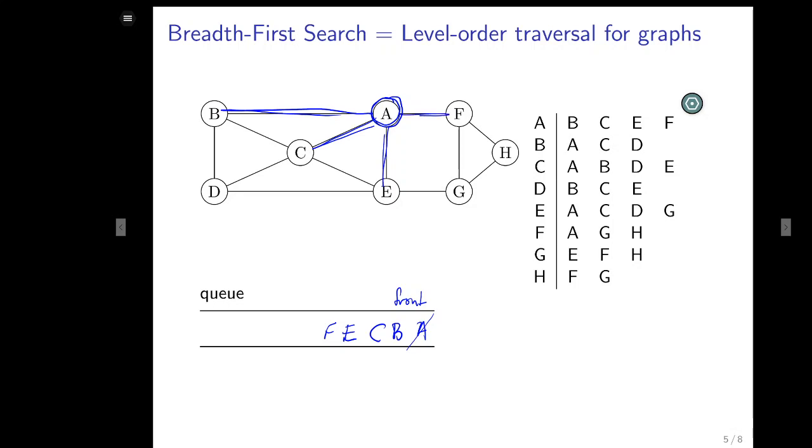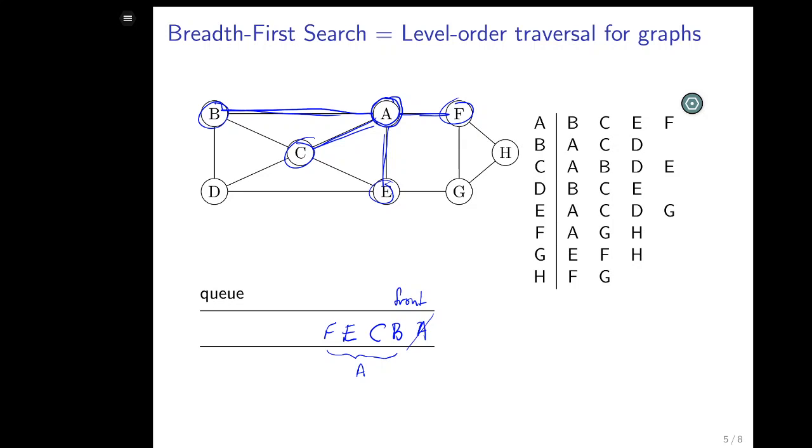And now these are all in the queue. And then I dequeue the next thing, which is B. So in some sense, A was responsible for all of these being in the queue. A was the parent of these nodes.